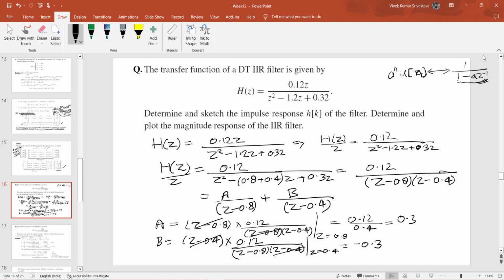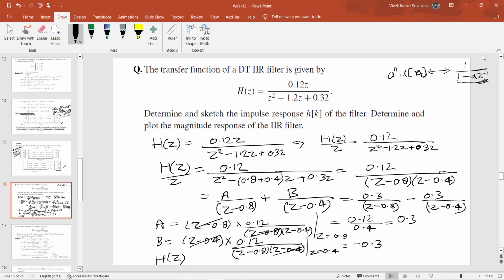Now we can plug the values of A and B into this expression. So this you can write as 0.3 over z minus 0.8, minus 0.3 over z minus 0.4.